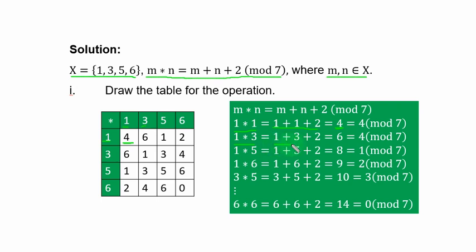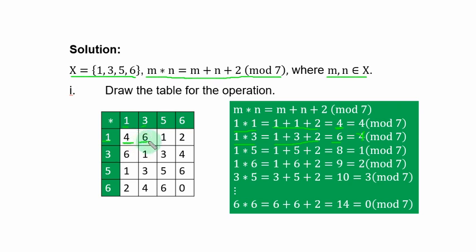So you have 1 plus 3 plus 2 equal to 6. 6 is an element in modulus 7. So this place is 6, not 4. So this is the 6 that you have here.